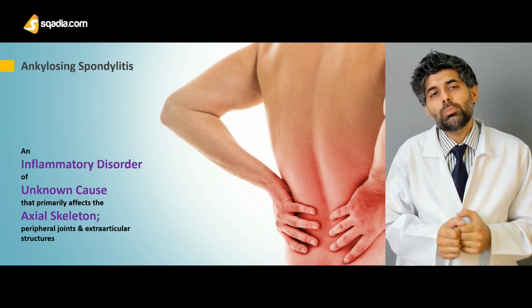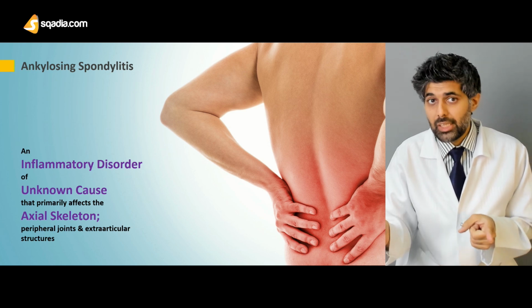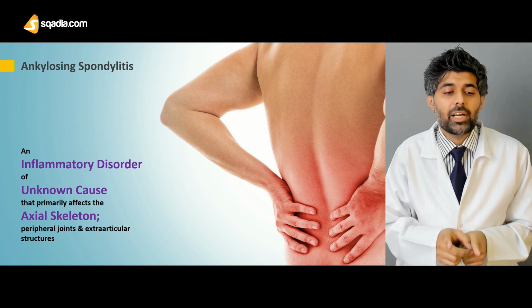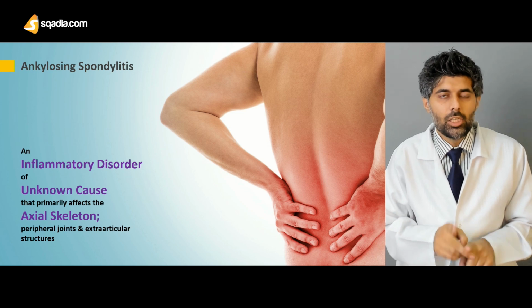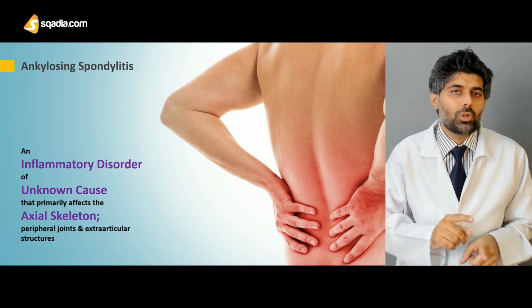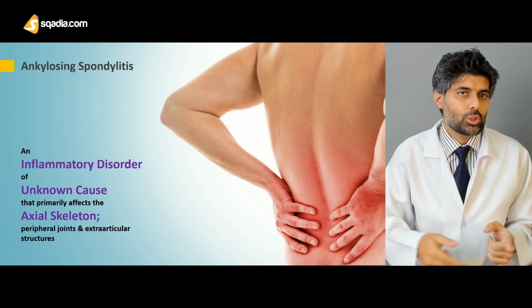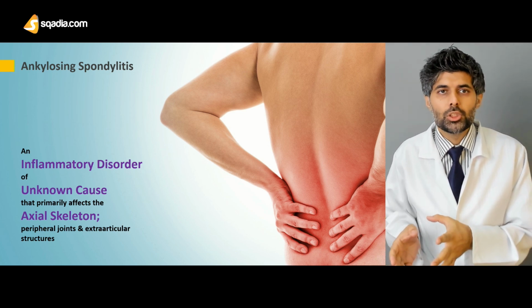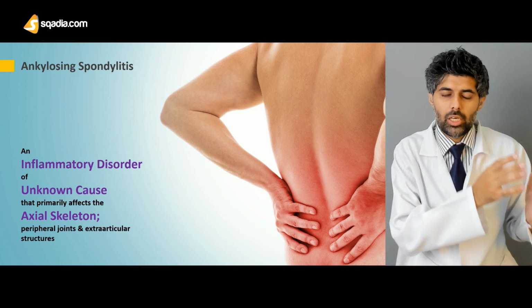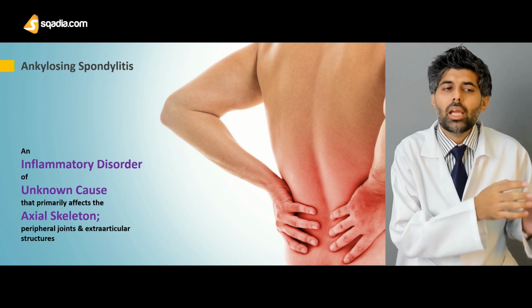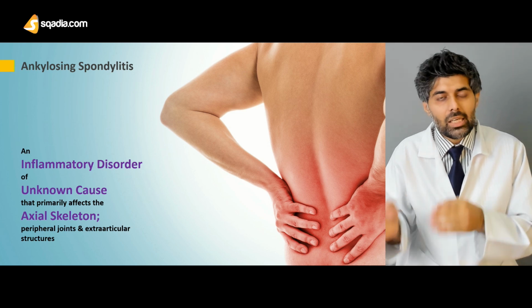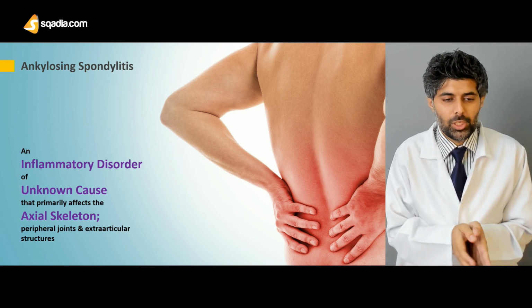So, ankylosing spondylitis, as denoted by its name, primarily affects the axial skeleton. The term axial spondylitis is also coming into view, even though it's not used much, but axial spondylitis and ankylosing spondylitis can be used interchangeably.